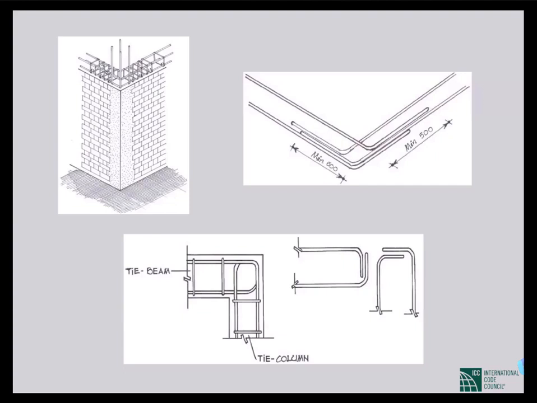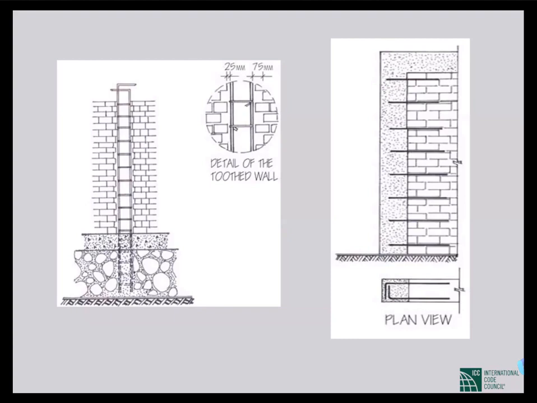So in both the cases, in case of a tie beam, the longitudinal bars are hooked at the end for anchoring, and for columns, that is the vertical confining element, the longitudinal bars are hooked at the top of the beam-column joint. So these details should be used in the detailing.